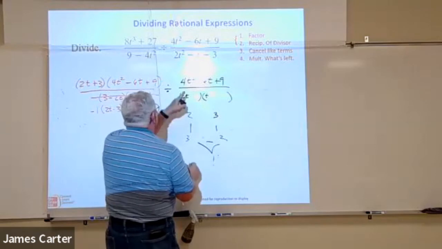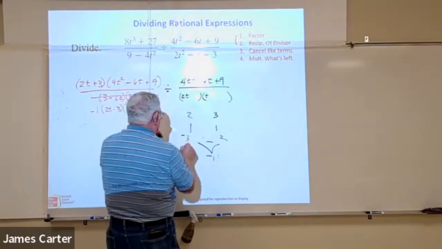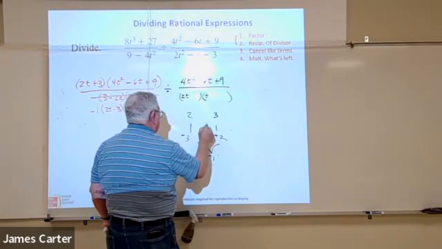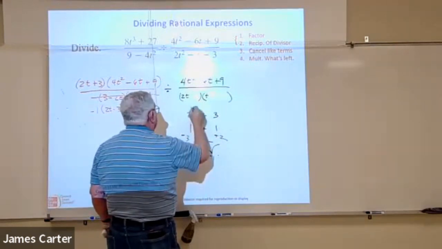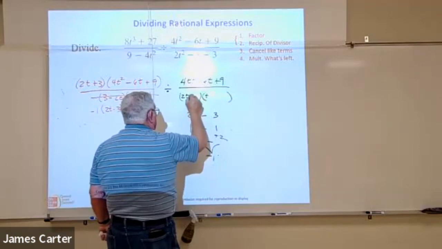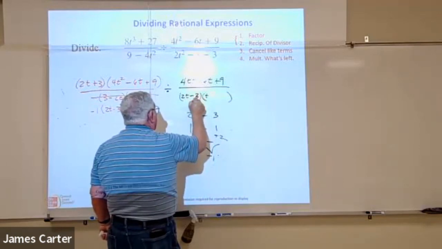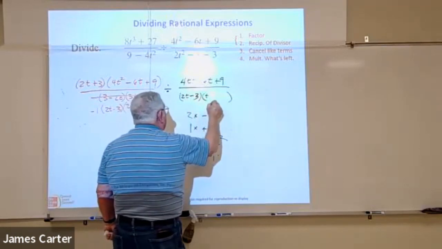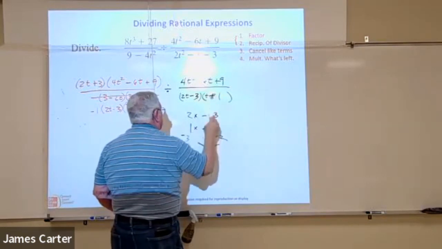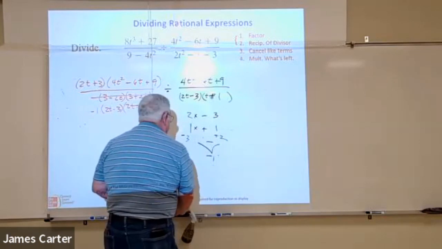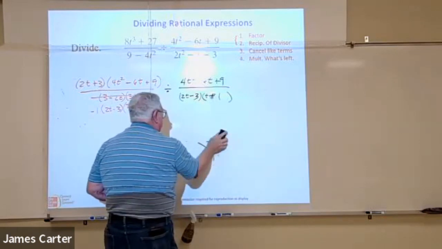Rule of signs, that's got to be negative, so the biggest one is negative. So here's my positive, there's my negative. So I've got 2t minus 3 and t plus 1. I'll erase the scratch.